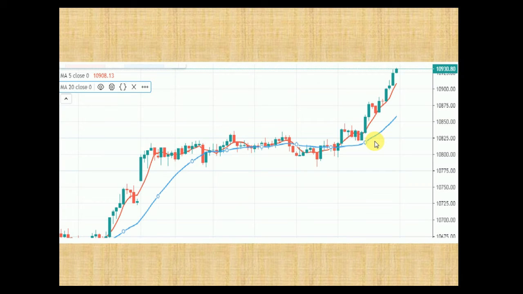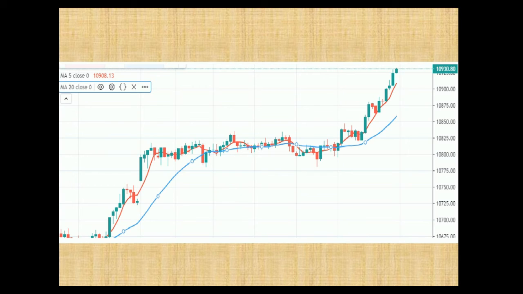So why have I taken the moving average of 5 and the moving average of 20? Because many traders believe that if the 5 moving average crosses the 20 moving average in the upper direction, then the market will be bullish, and if the 5 moving average crosses below the 20 average, then the market may go bearish.